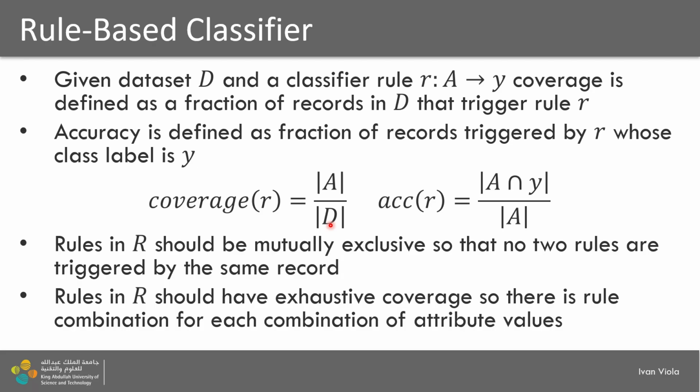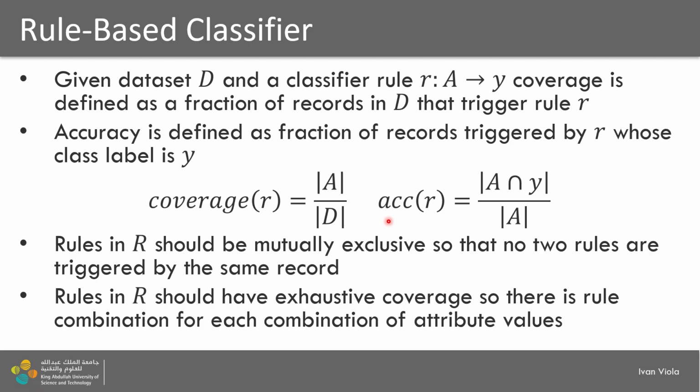So in the previous case, we had human, we had whale, we had bat, and then we had cat, leopard, and porcupine, which will be fulfilling the condition which we had mentioned, and those will be counted in this set A as compared to all the animals which we had in the data set. That will be giving us the coverage of that rule.